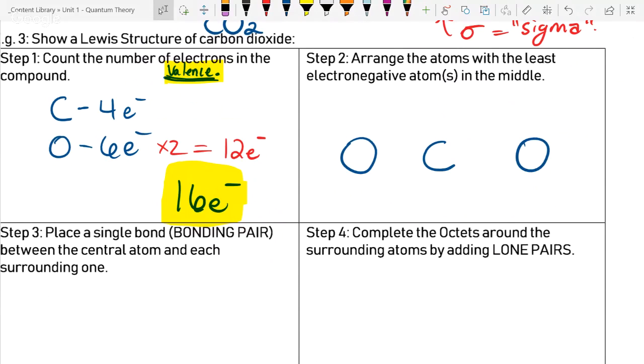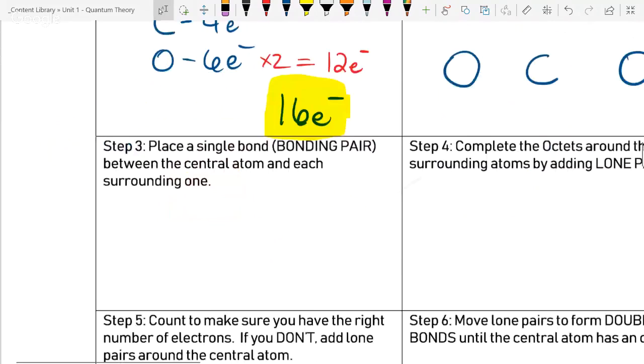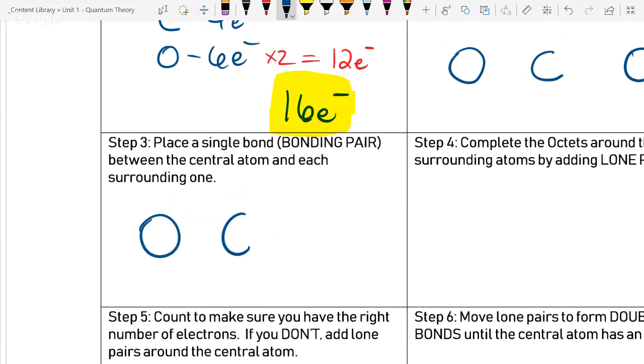Normally you just work with one picture and keep going. Does that make sense? So now we have carbon in the middle, oxygen here, oxygen there, and we're going to draw single bonds between them. We do that because we know they have to be bound together. Carbon dioxide is a covalent bond between carbon and oxygens.